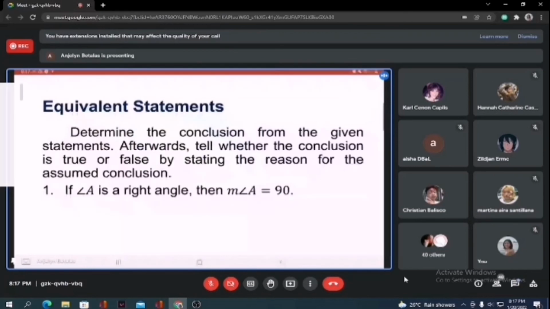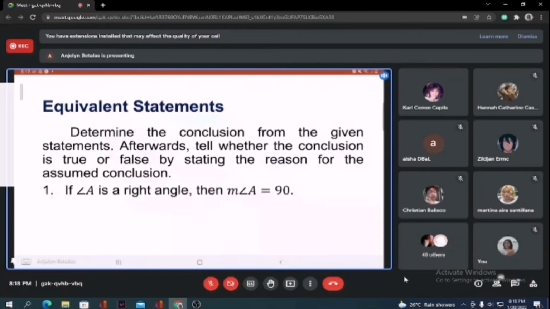The contrapositive. If the measure of angle A is not equal to 90 degrees, then angle A is not a right angle. Very good. Is this true? Yes. So both the conditional and its equivalent, the contrapositive, are true.